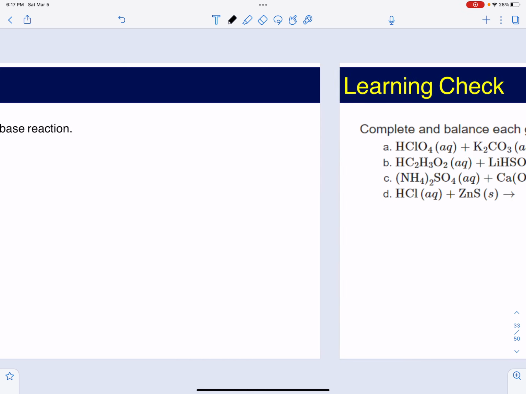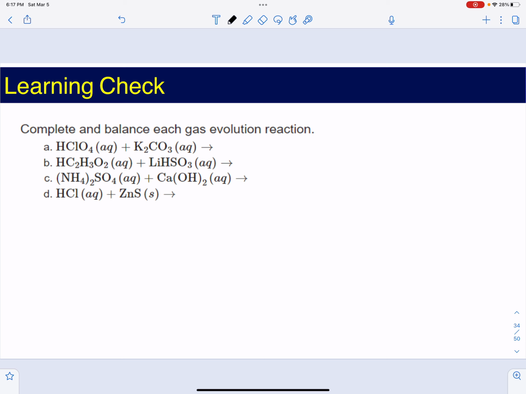And from this part, we move on to see that sometimes acid-base reactions do not give us salt and water. Sometimes they give us a gas evolution. And this is something you should have in your notes or memorize.